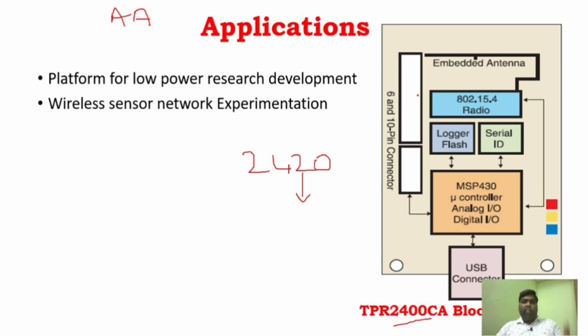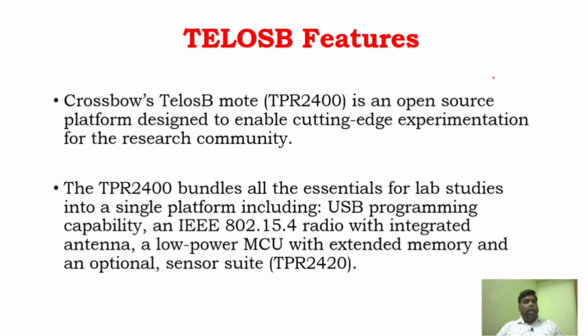And apart from it, as we discussed earlier, the other important features are, it is used for research, development and WSN experimentation. And as I said, it supports IEEE 802.15.4 radio, and it has low power extended memory, and it supports a sensor suite in this particular version, and has an integrated antenna, right?